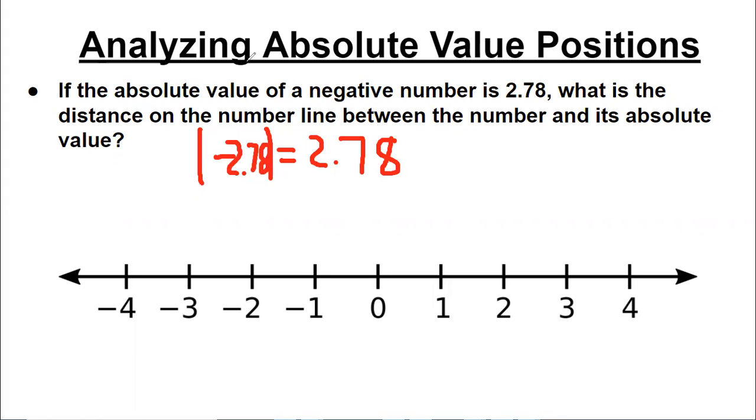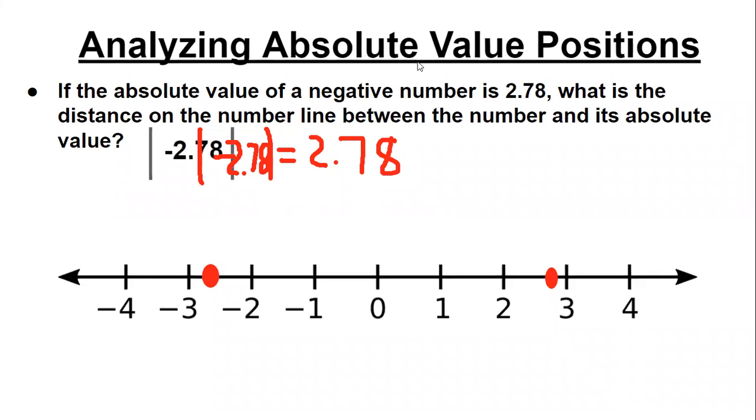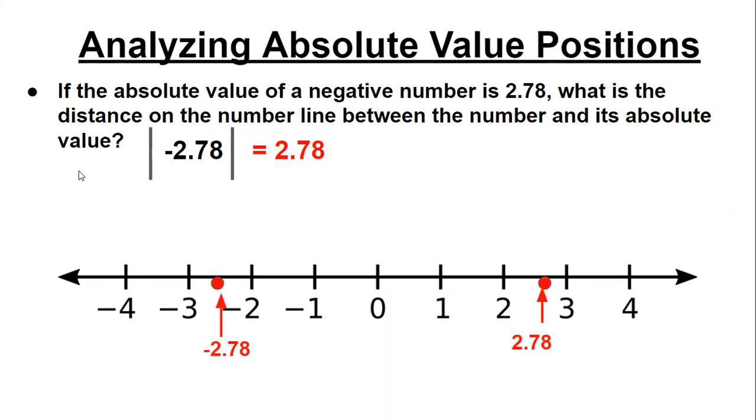Well, the number we decided was negative 2.78, somewhere over here, a little bit past half. And then 2.78 is somewhere over here, a little bit past half. So what is the distance? I have a feeling that's going to pop up when I click on this. Let's see. Yeah, so we can clear. It's going to pop up. So we decided it was 2.78, negative 2.78, and we're going to put those dots back with the computer there.